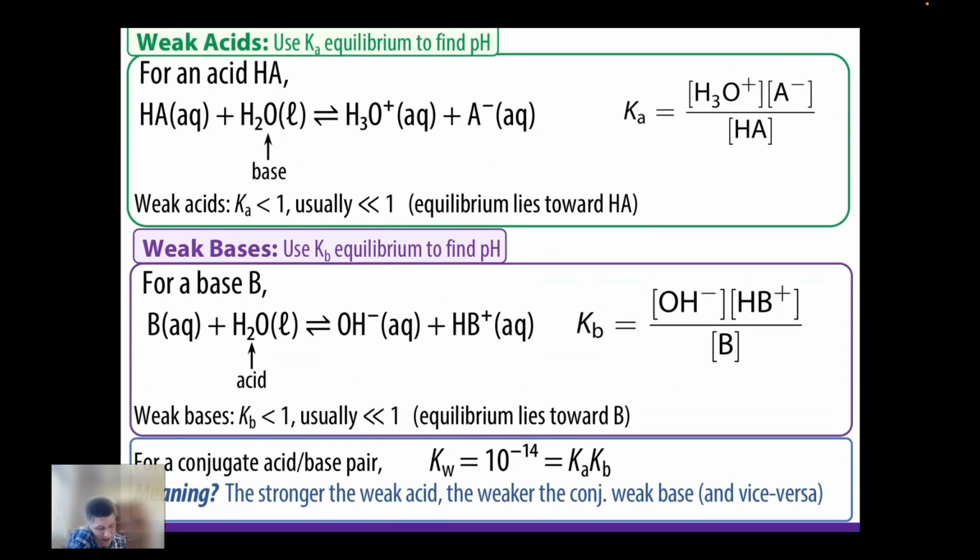And again, we have in math here the relationship that Kw is Ka times Kb. Ka, Kb are inversely related since they multiply together to a constant, so the bigger Ka is, the smaller Kb is going to be. And again, the stronger the acid, the weaker the conjugate base, and vice versa.